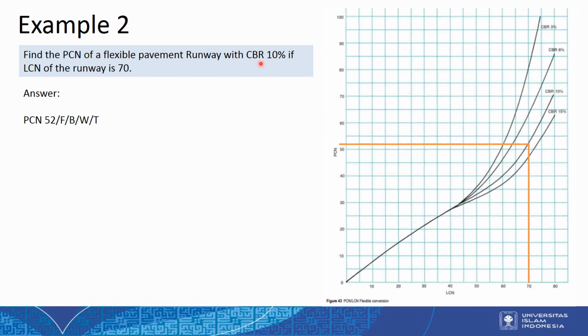The CBR is 10%, so we will use this curve here, and then we plot the LCN number that in the question is mentioned as 70. We plot 70 here, then we project it vertically until we meet the curve of CBR 10%.